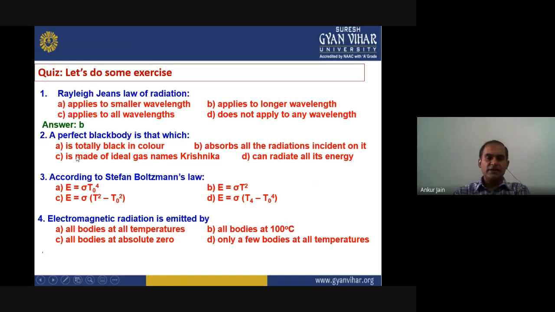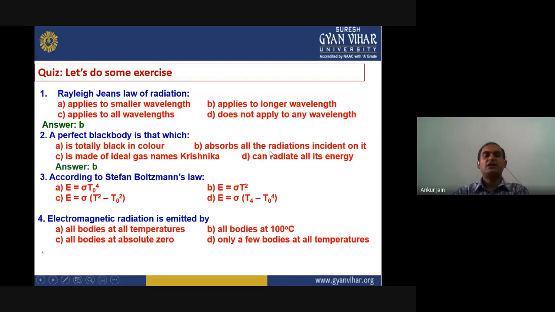Second is, a perfect black body is that which is totally black in color, absorbs all the radiations incident on it, is made of ideal gas named Krishnika, or can radiate all its energy. So of course, from the definition, a perfect black body is which absorbs all the radiations incident on it.